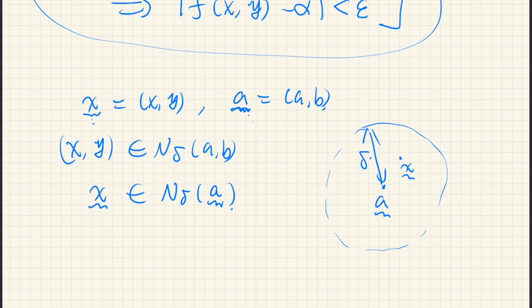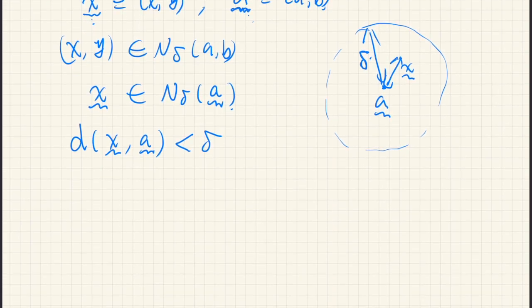So that means the distance between a and x is less than delta. Using the vector norm notation, this distance is just the norm of x minus a, less than delta.